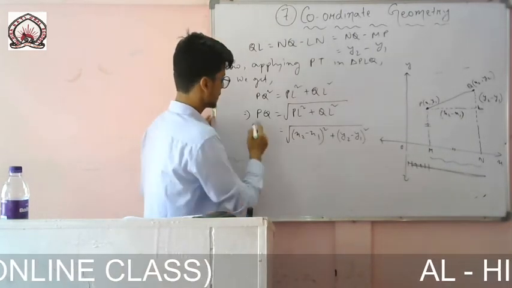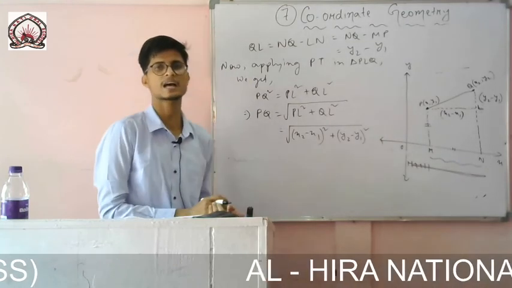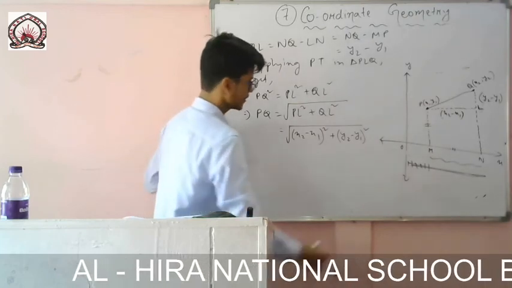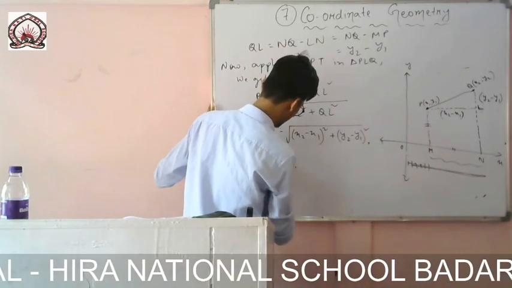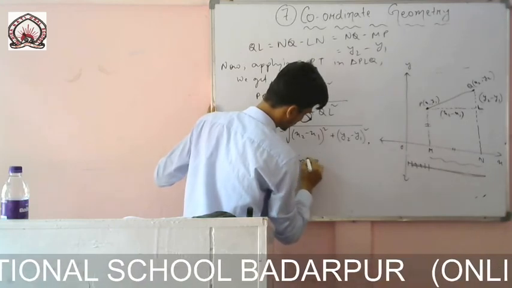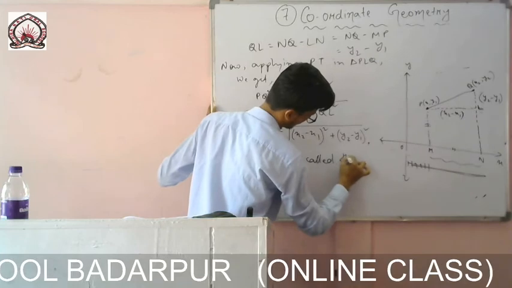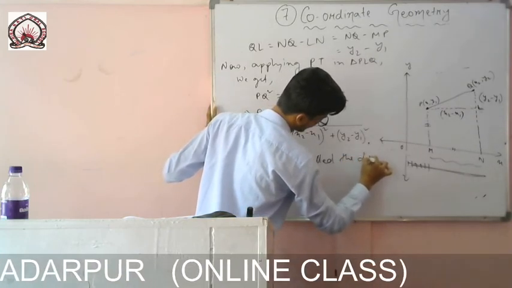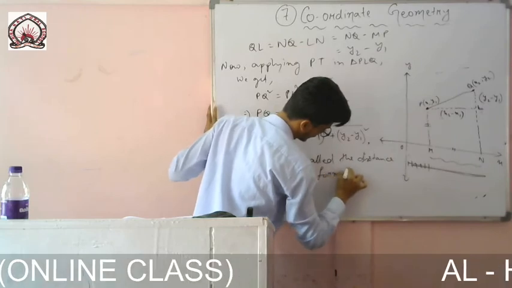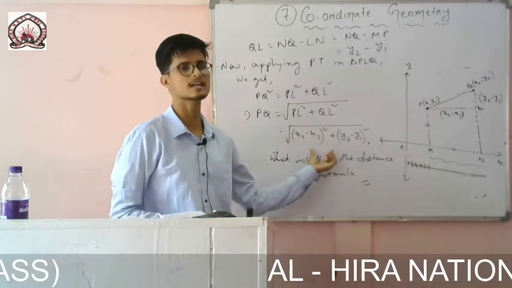PQ will be equal to root over x2 minus x1 whole squared plus y2 minus y1 whole squared, which is called the distance formula.